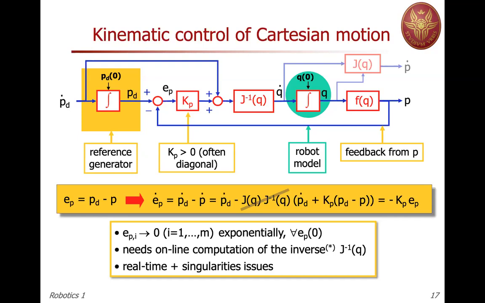So monitoring this, when it falls below a threshold, we activate the lambda. And we activate the lambda in a smooth way. We keep this activated until we see that the Jacobian itself is again growing out of the singularity, and then we switch it off so that we are able to recover the error thanks to the feedback part of the control.